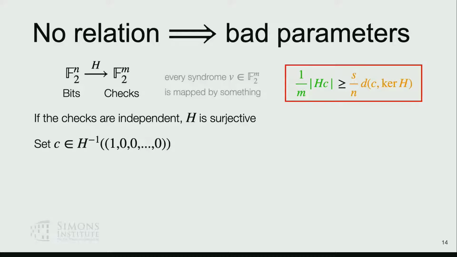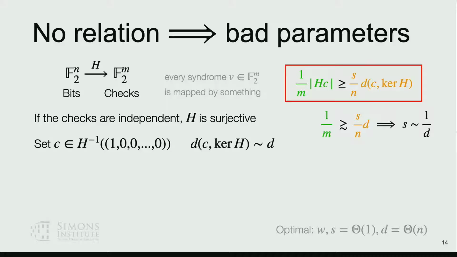If we plug into this inequality, the left-hand side is simply 1 over m. And the right-hand side? I claim that the distance between C and the code is of order d. So if we plug it in, S would be of order 1 over d. And in the optimal case, d should be of order n. So S is 1 over n, which is very bad.